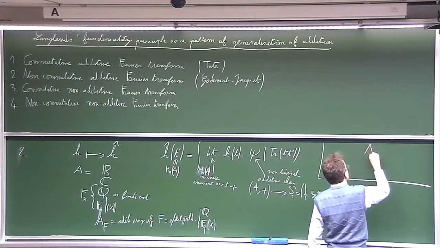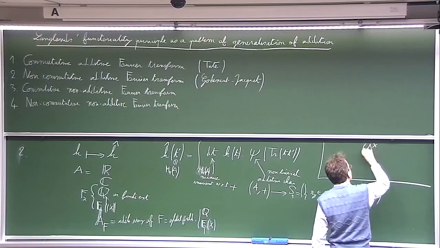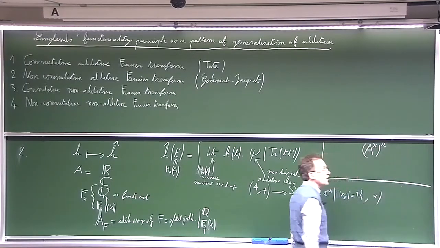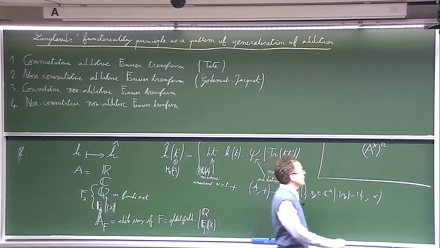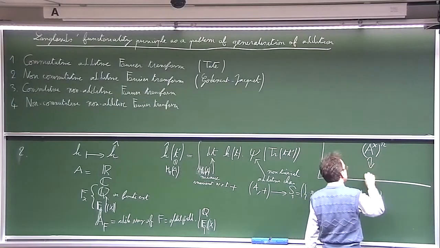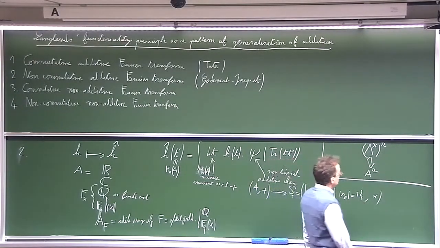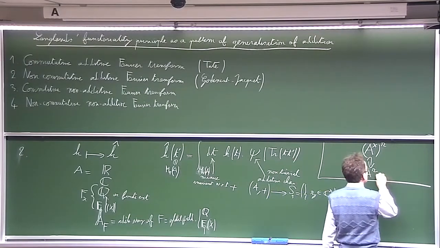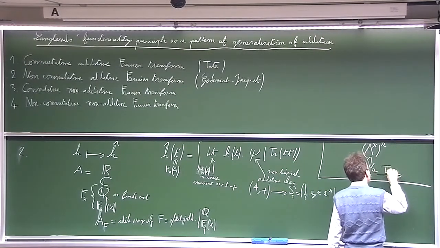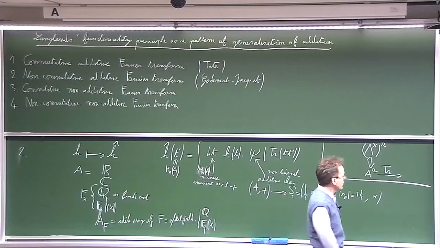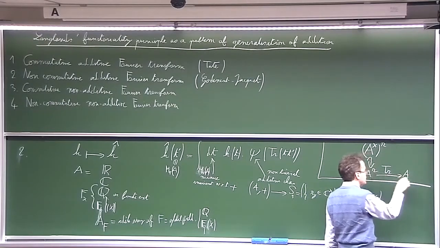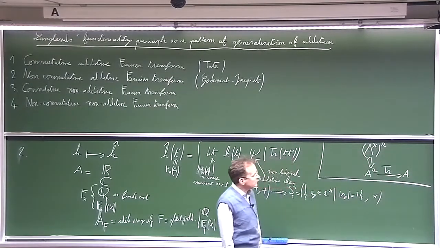It means that I am considering A cross to some arbitrary power R embedded into A to the power R. And here, of course, I have a trace, which goes to n. It's just the sum of the different factors.